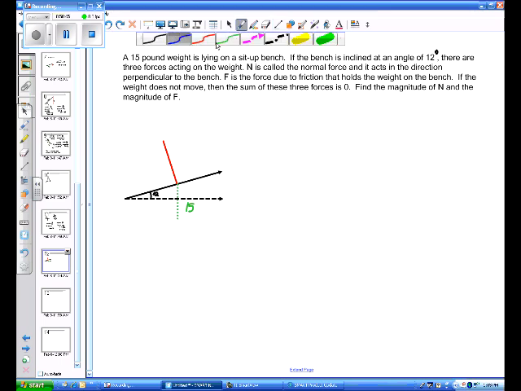And that would be N. And then we have friction, which is what's holding the weight in place so that it doesn't slide off. And so our friction is actually going parallel to the bench and is holding our weight up. And so we have our friction. Didn't do too well.